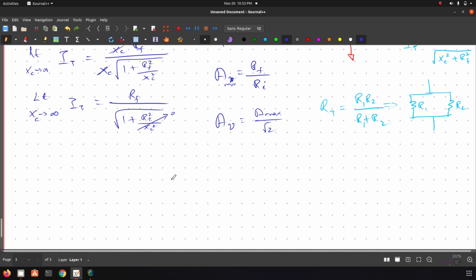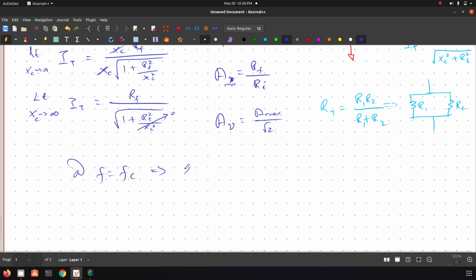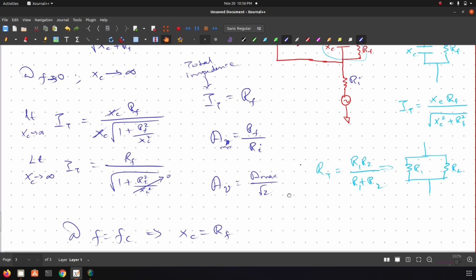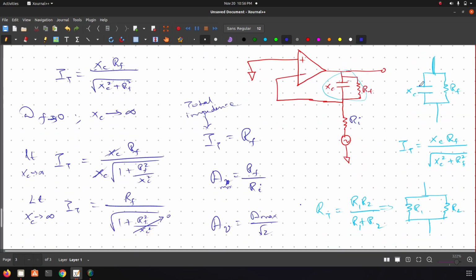This is because at f equal to fc, we know that XC equals the feedback resistance. The reactance and the feedback resistance are of equal value.